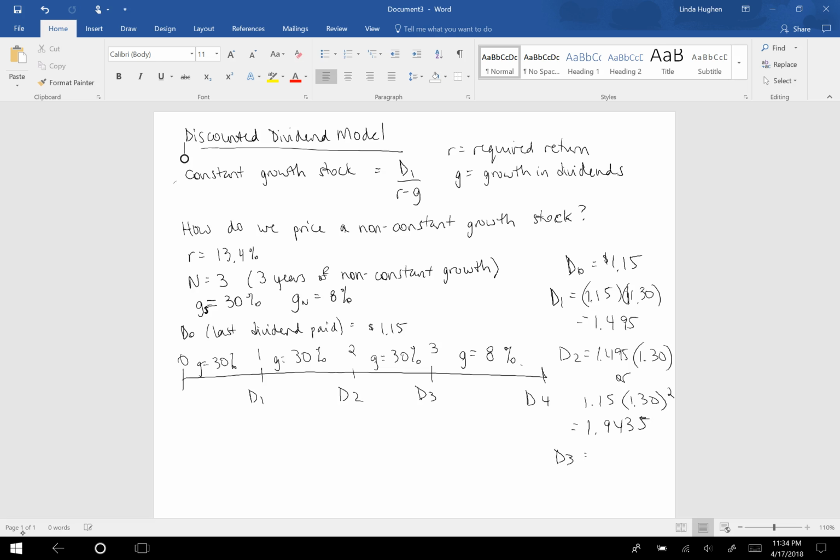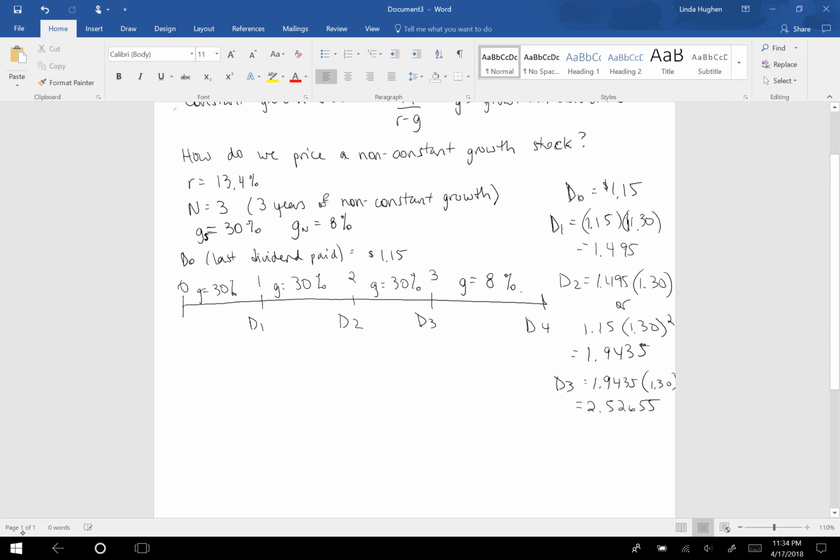D3, 1.9435 times 1.30. This is the last year of this 30% growth rate. D3 is 2.52655. D4 is the first year where the dividend grows only at 8%, and it does that continually. And so D4 is 2.7287.